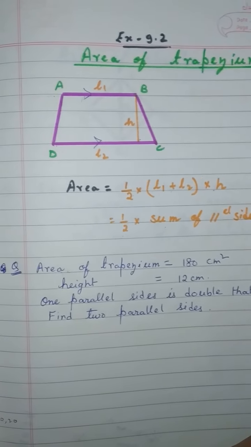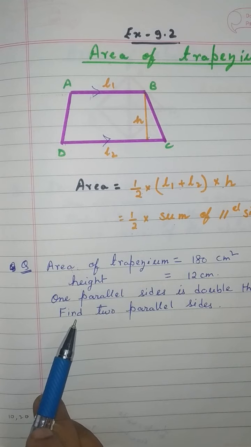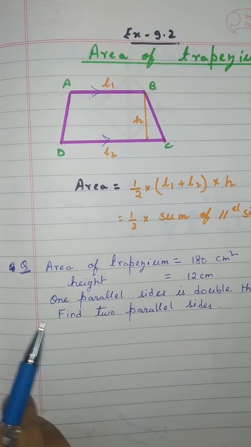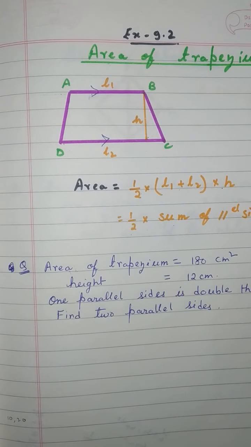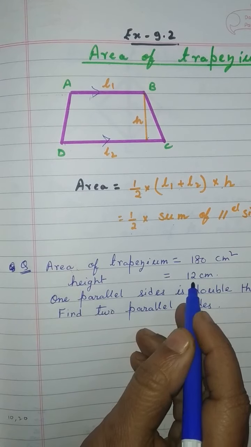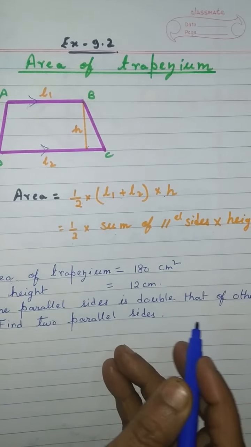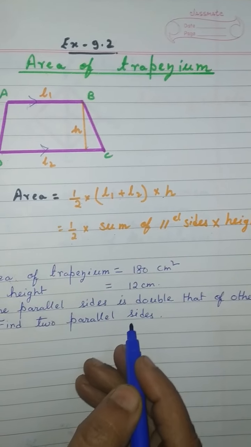The question is from exercise 9.2. The area of a trapezium is equal to 180 centimeter square. Its height is equal to 12 centimeter. One parallel side is double the other. So find the two parallel sides.